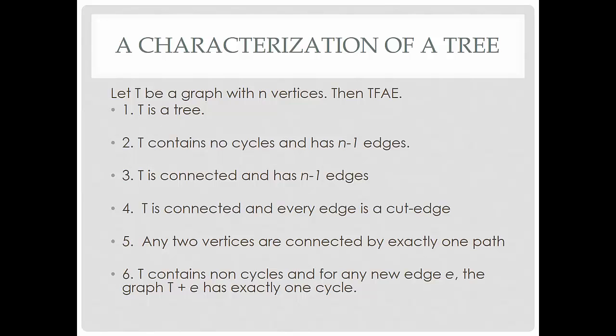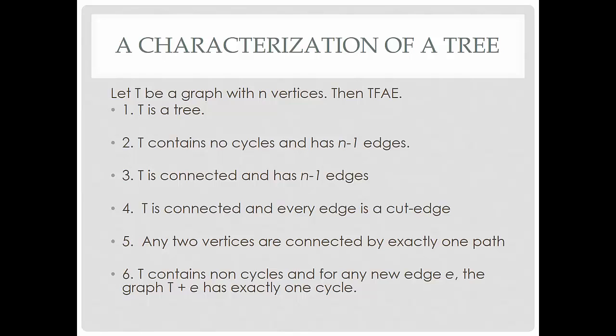1, T is a tree. 2, T contains no cycles and has n-1 edges. 3, T is connected and has n-1 edges. 4, T is connected and every edge is a cut edge. 5, any 2 vertices are connected by exactly 1 path.